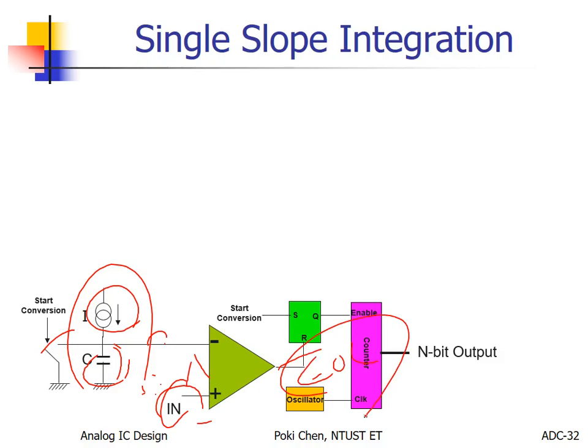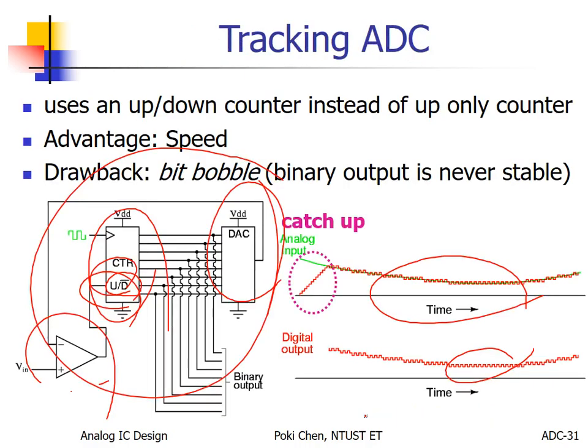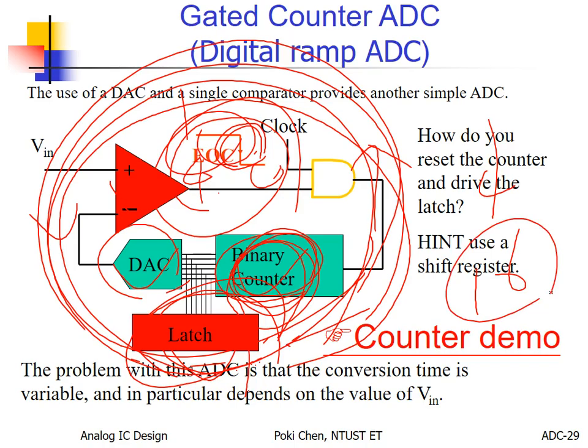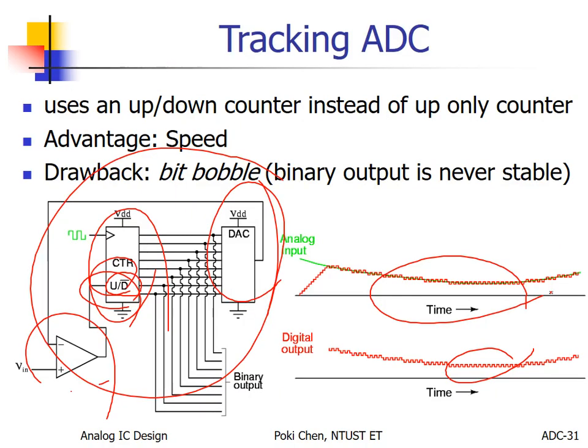So the operation is actually very similar to this one, but you don't need a DAC. Oh, congratulations, because if you would like to achieve 16-bit, then the DAC is really hard to design. Right now you don't need the so-called DAC.